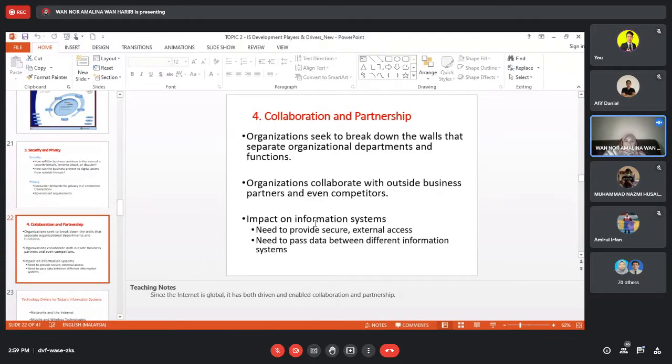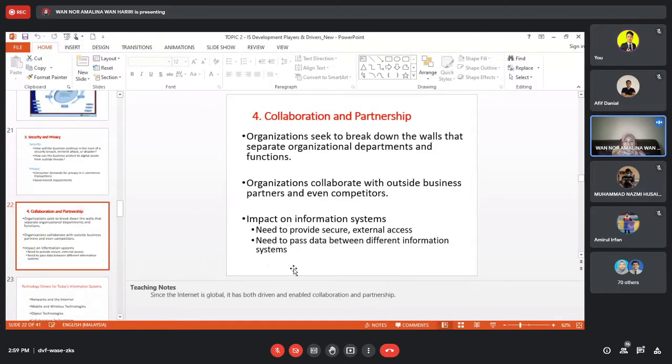Kebanyakannya dah, we call that they communicate with the partners. Not only collaborate with partners, they also collaborate with competitors. Right? So with that, how does that impact on IS? We need to provide secure external access, and also data exchange between different information systems.